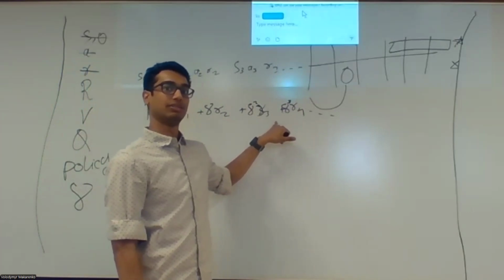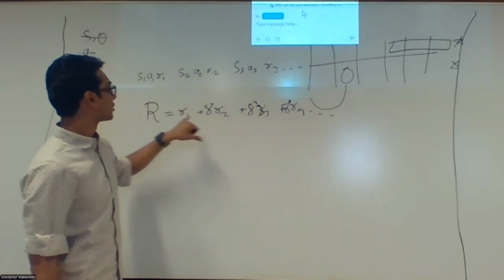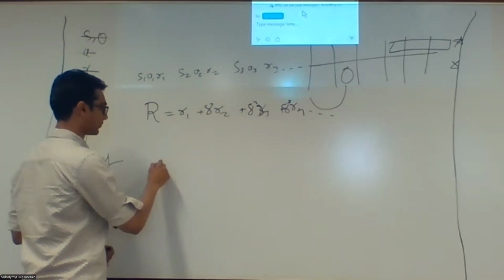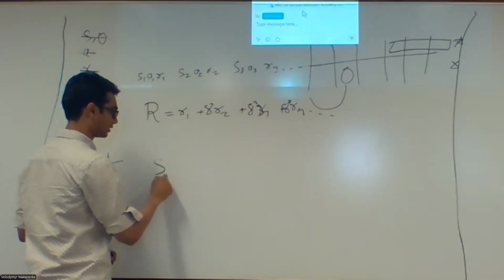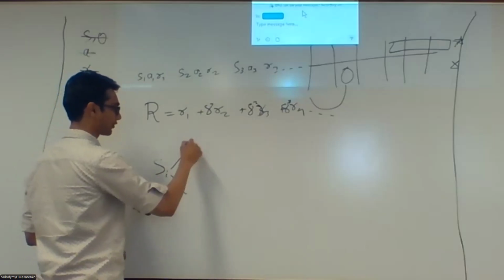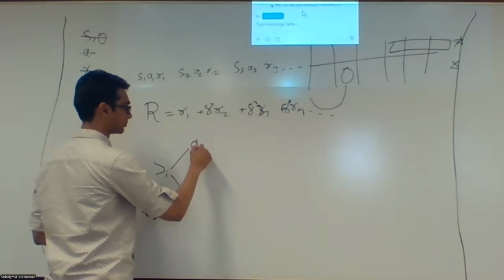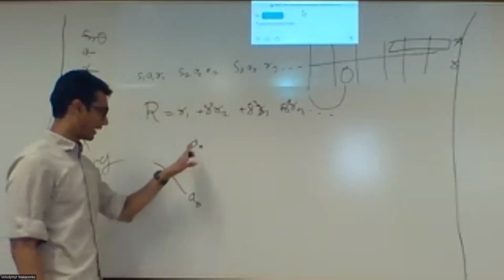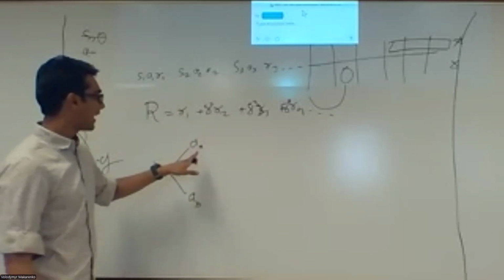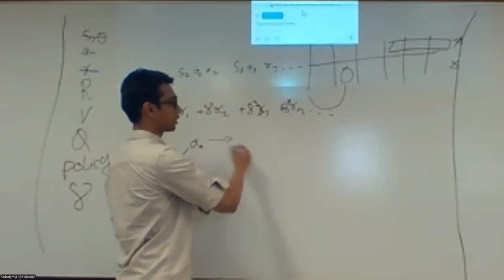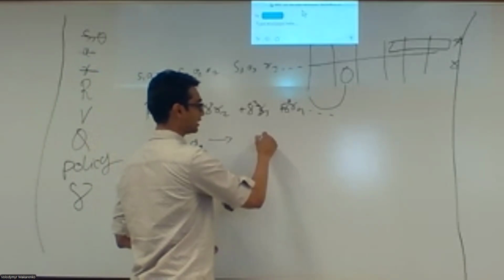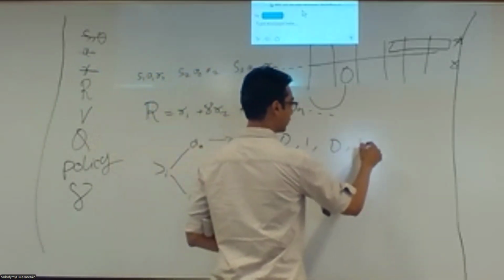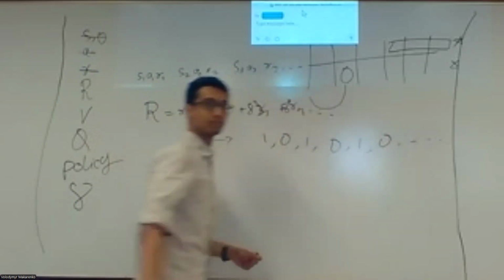Why is it this way? Why do we need these powers? Okay, if you're in a state, state i, and you have two possible actions from here, let's call them action A and action B. Based on what you know, action A is going to put you on a trajectory where your reward looks like: initially you get a reward of 1, then no reward, then a reward of 1, then no reward, then a reward of 1, then no reward, and so on.